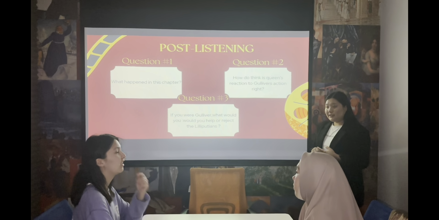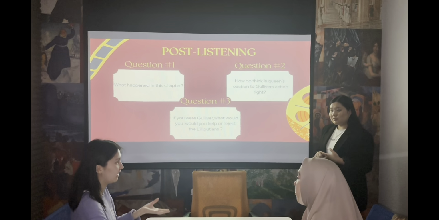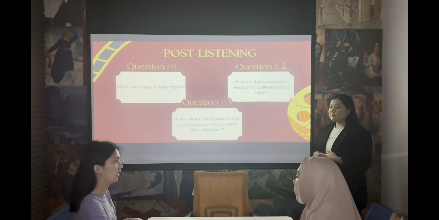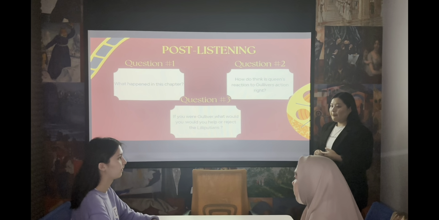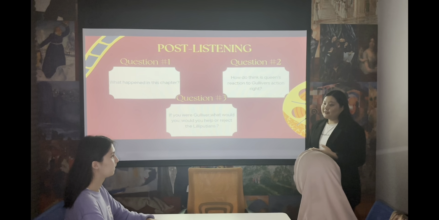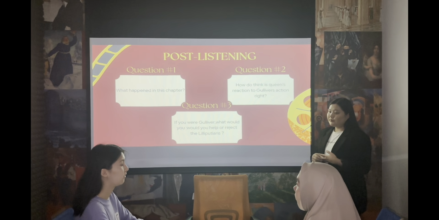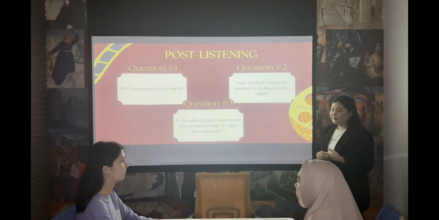She thought it was disgusting, and she also thought that Gulliver has no manners. But what did the king do? He excused Gulliver because he was very thankful to him.